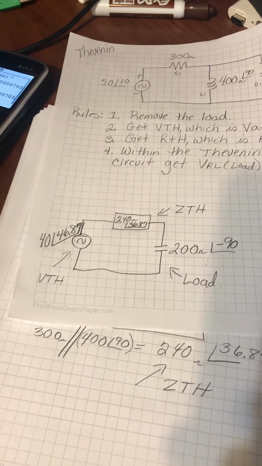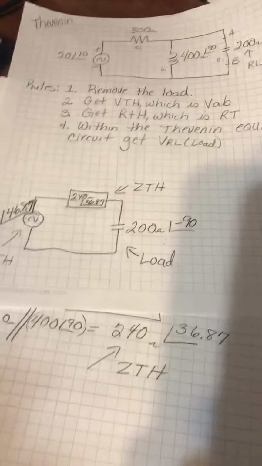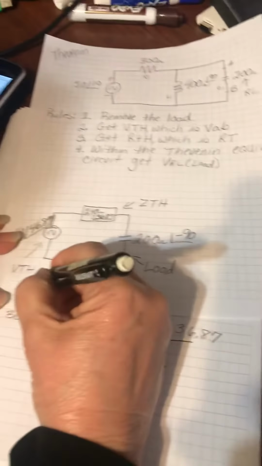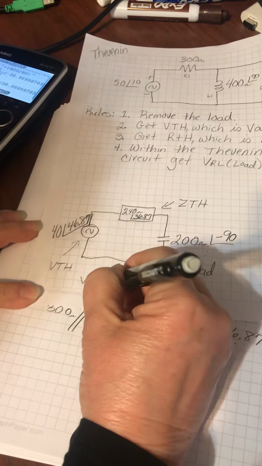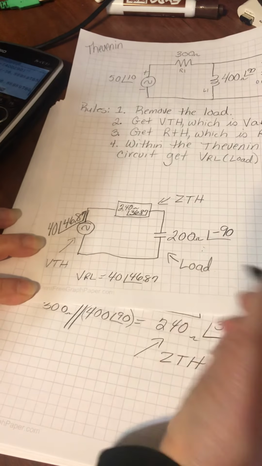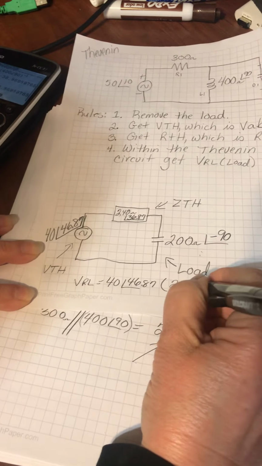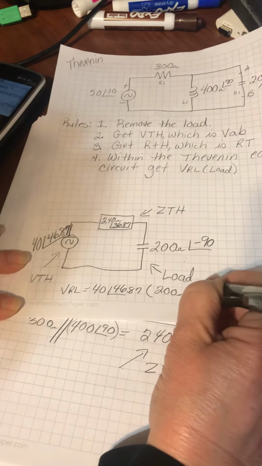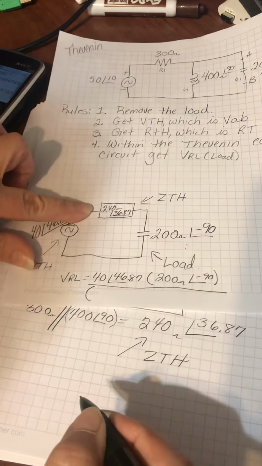So we're going to use the voltage divider rule. So VRL is E total, which is 40 at an angle of 46.87, times the load, 200 ohms at an angle of negative 90, divided by Z total, which is this plus this.